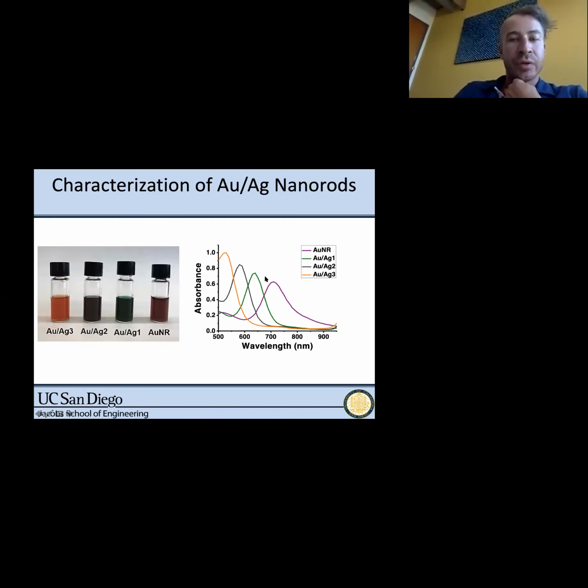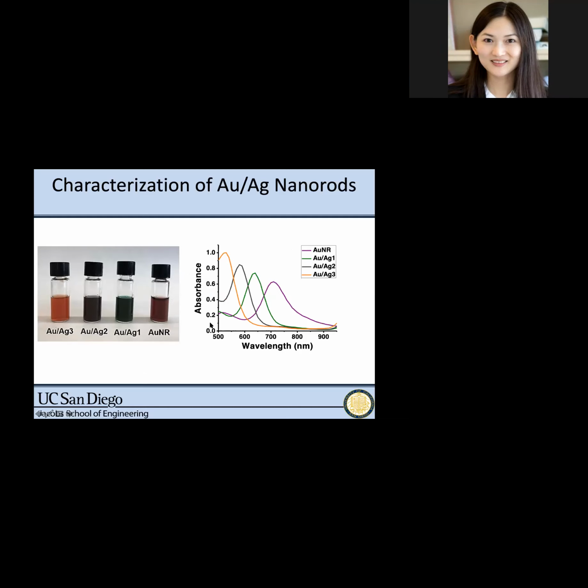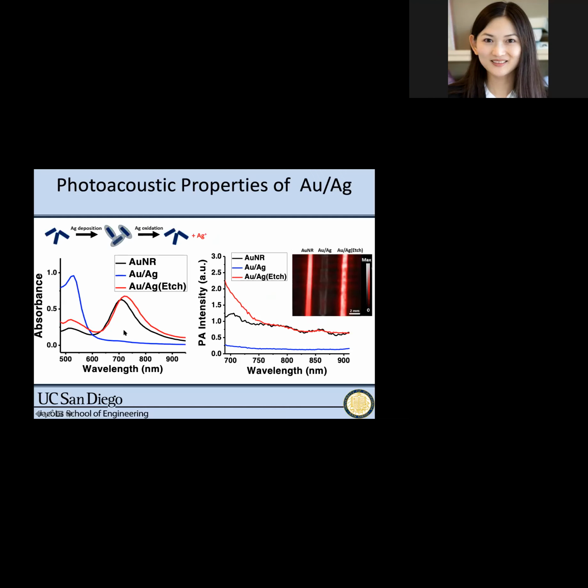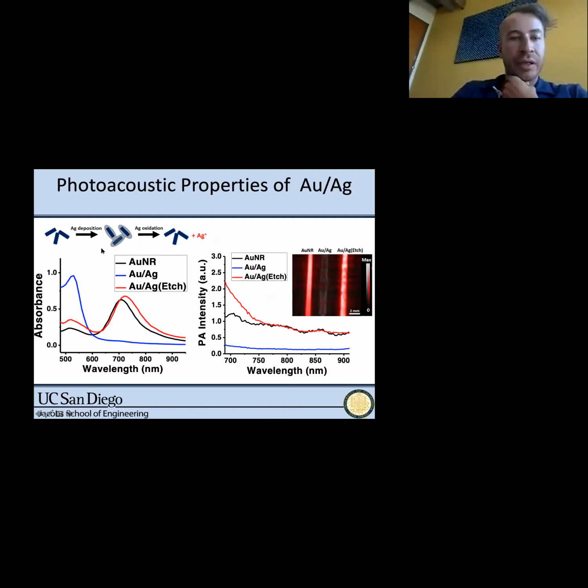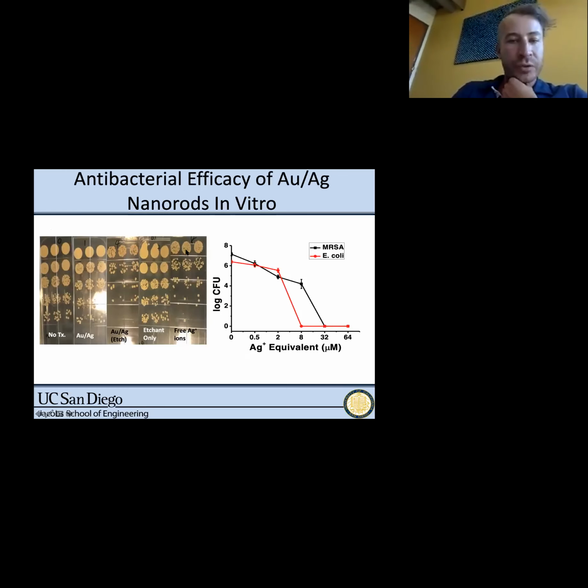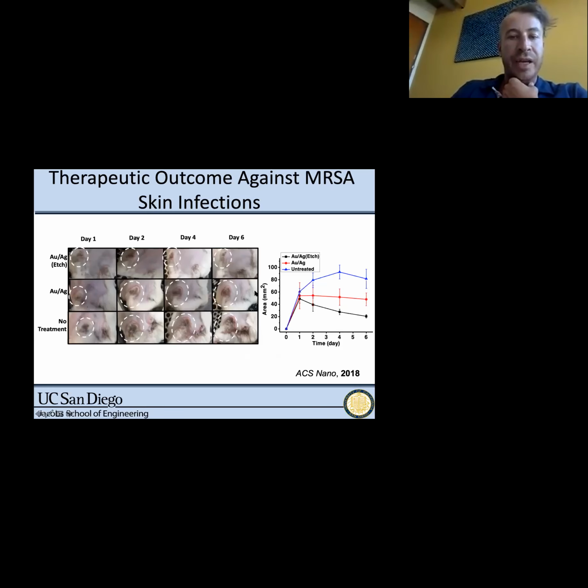So this is regular gold nanorods, and then with a thicker shell of silver on top, you get this color change and this absorbance change. If you're exciting at 700, you have strong photoacoustic signal, then it goes off, then it comes back on. What was cool here is we used the silver to treat bacteria.